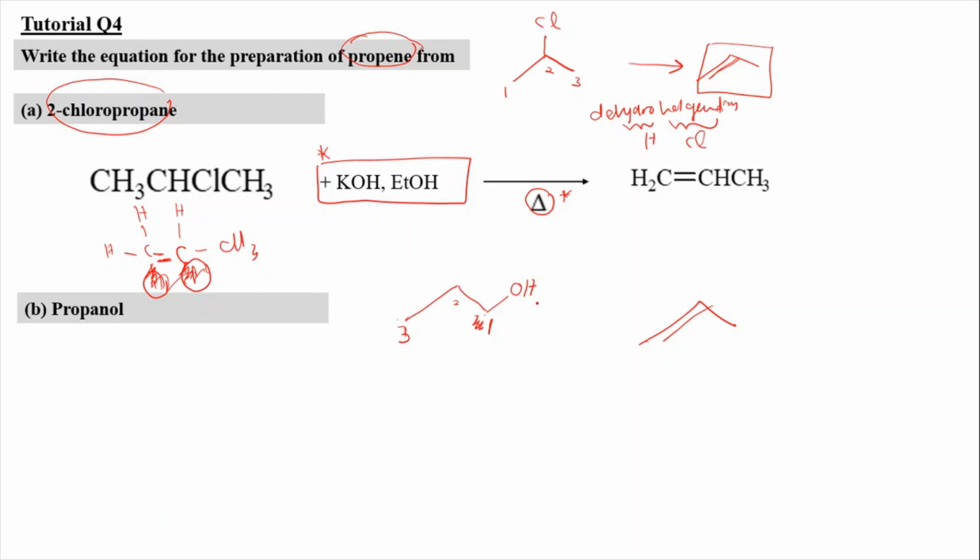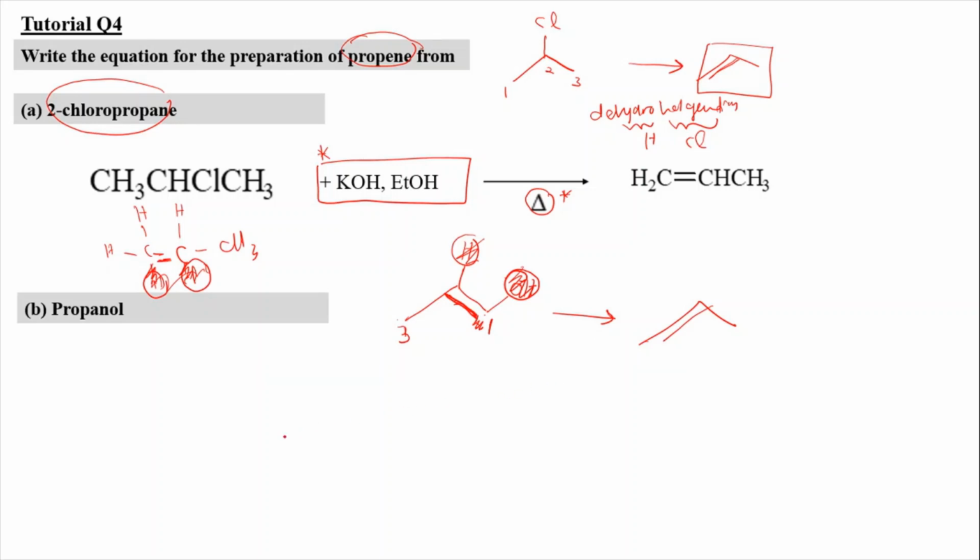Now in order to prepare propene from propanol, you know that you need to remove hydrogen and the hydroxy group of the alcohol here. So you need to remove water, because when water is eliminated, a carbon-carbon double bond is formed. So here will be the same as here, because you can choose the left hand side or the right hand side.